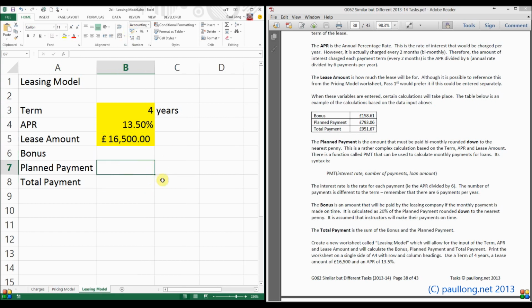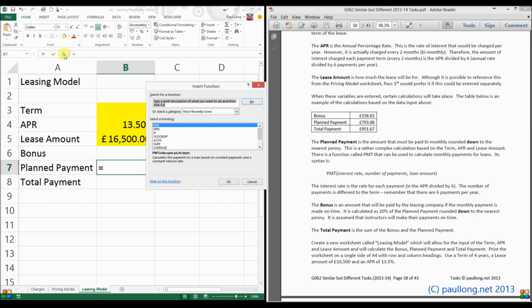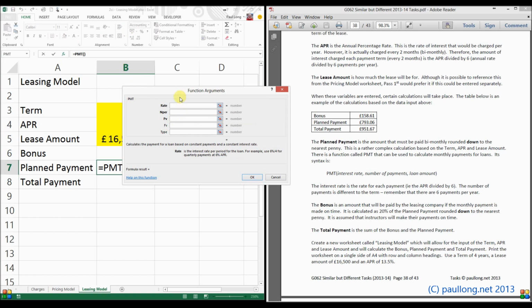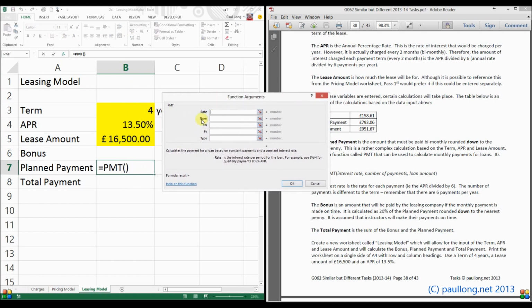So we now need to do our calculations. So the first calculation is going to be our planned payment. So let's go for it. We'll use the FX button and we're going to search for the PMT function. And the first thing that we need to put in is the rate. That's the percentage rate.